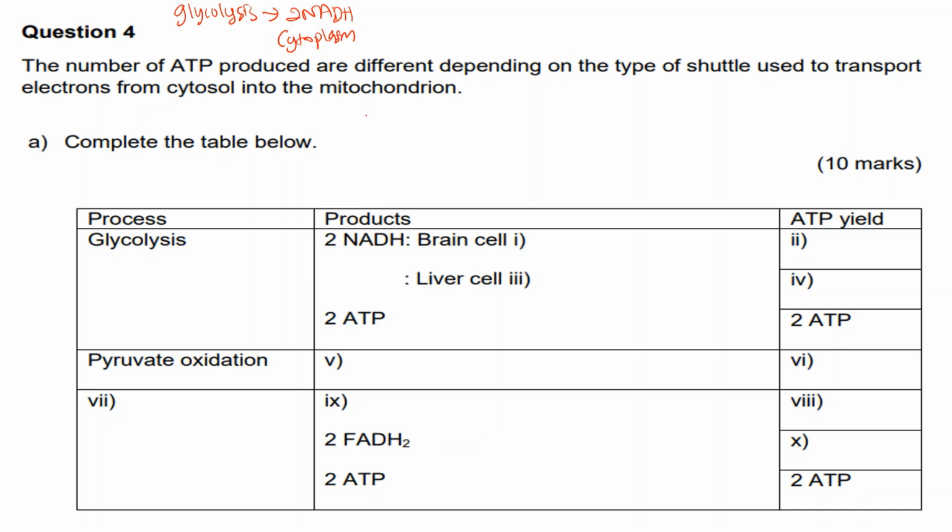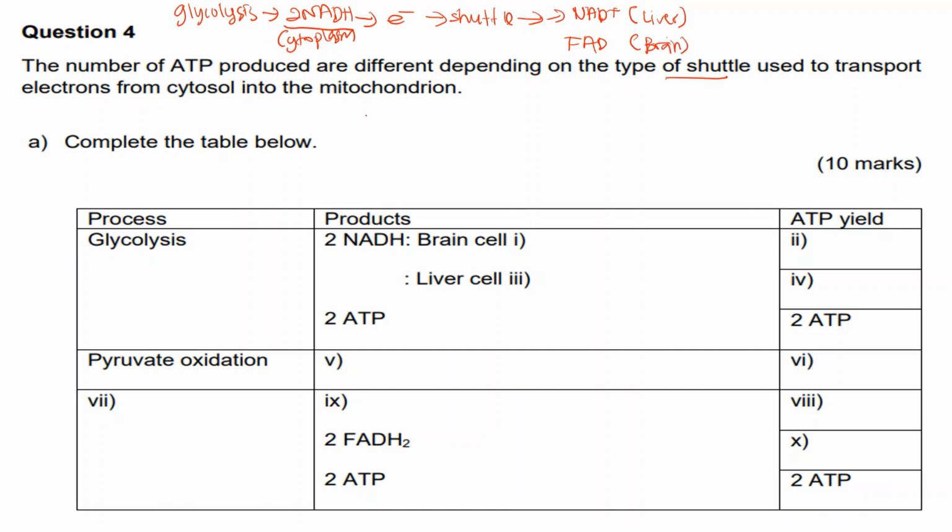In order to enter into the mitochondria, NADH will pass its electrons to an electron shuttle, and then the electron will either be passed to an NAD plus molecule or an FAD molecule. NAD plus if it's the liver cell, FAD if it's the brain cell.